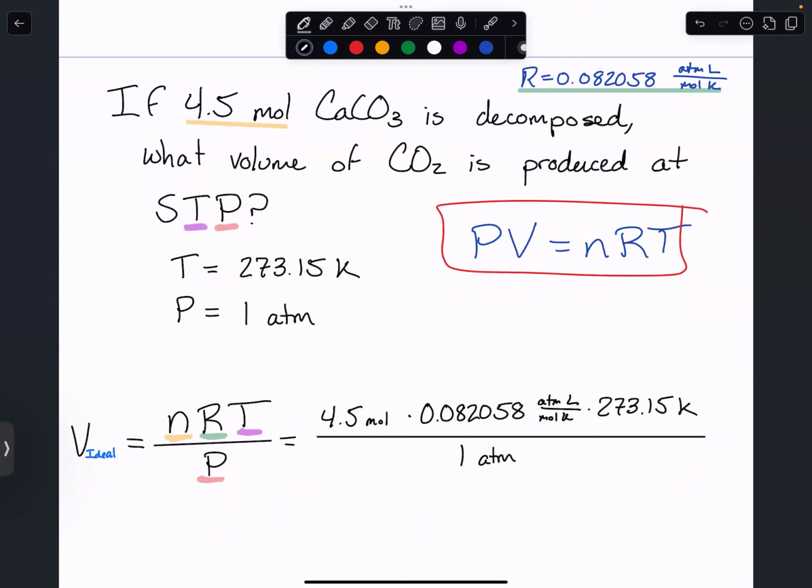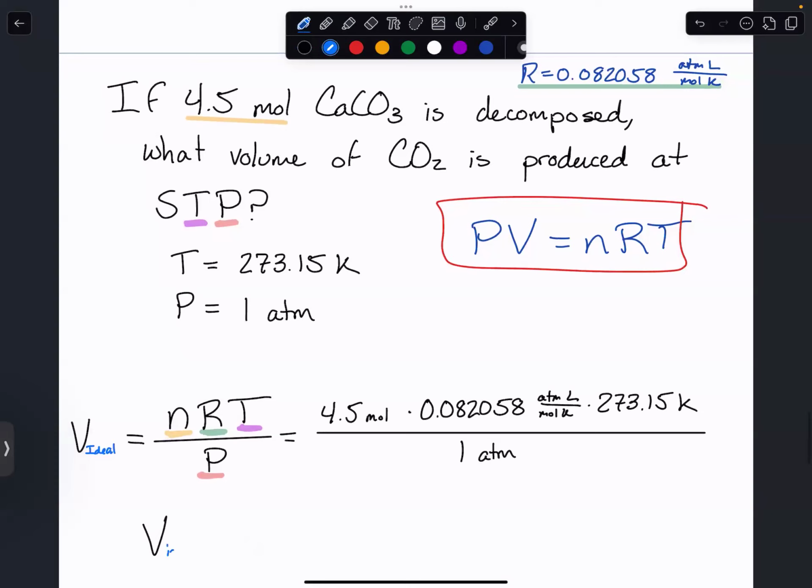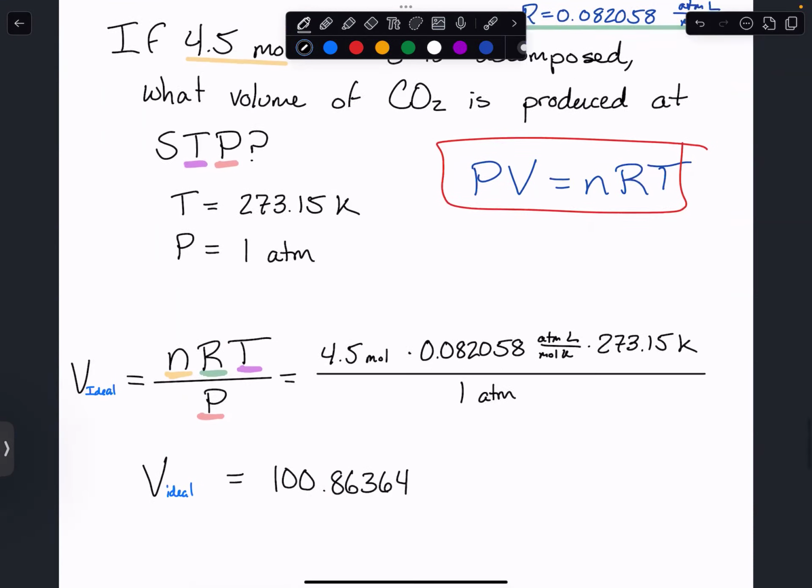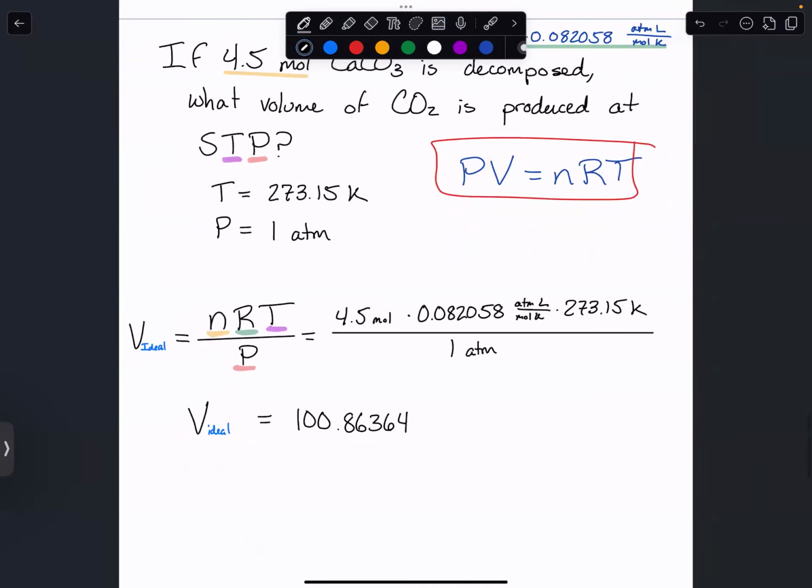All right, punch that into my calculator here. And we get a volume of our ideal gas of 100.8 something, something, something, 636. Because of our units for R, moles will cancel out, Kelvin cancels out, atm cancels out, and I'm left with units of liters.